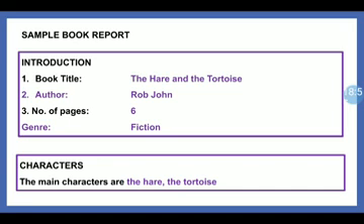The genre means type of book. We know that this is a fairy tale, so our genre is going to be fiction. There are 6 pages. The title of the book was The Hare and the Tortoise, and our author was Rob John.